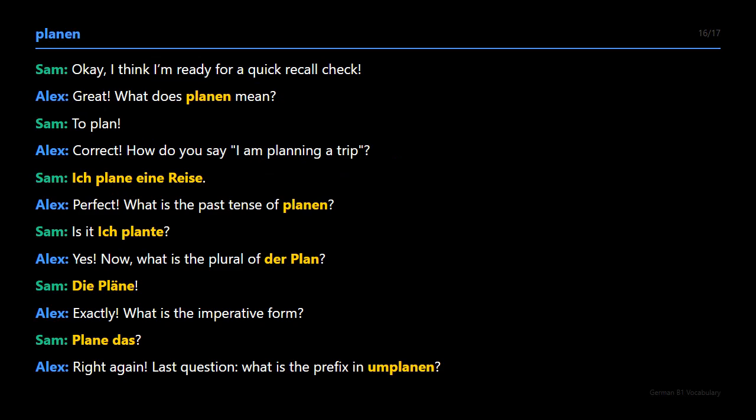Is it Ich plante? Yes. Now, what is the plural of der Plan? Die Pläne. Exactly. What is the imperative form? Plane das. Right again. Last question. What is the prefix in umplanen? It's um.